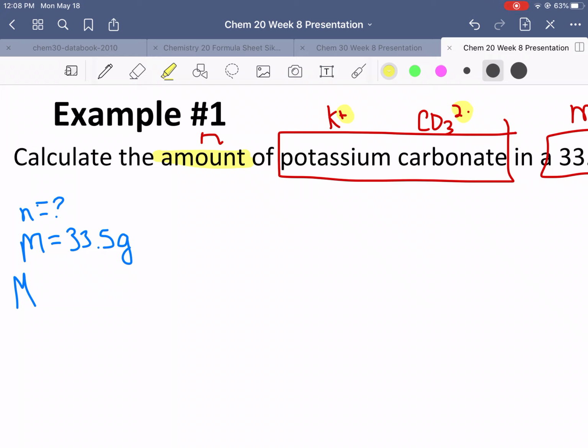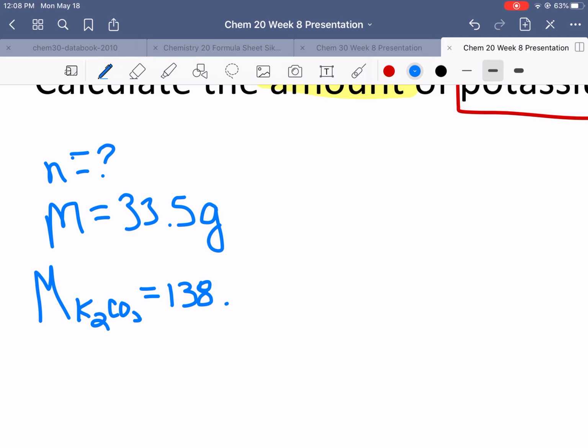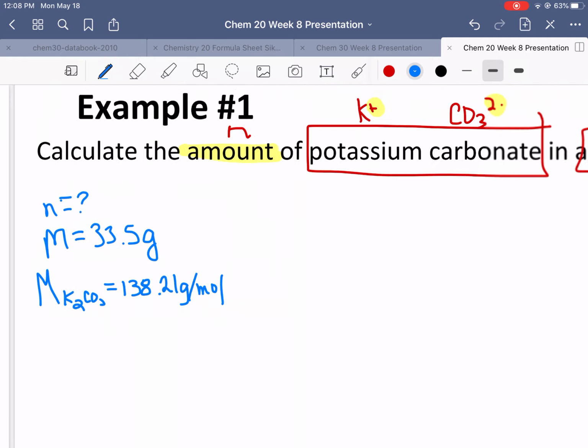So molar mass of K2CO3 is going to be equal to, add them up, 2 potassium ions plus the molar mass of 1 carbon ion plus 3 times the molar mass of oxygen. There we go. 138.21 grams per mole. Alrighty, we have everything we need.